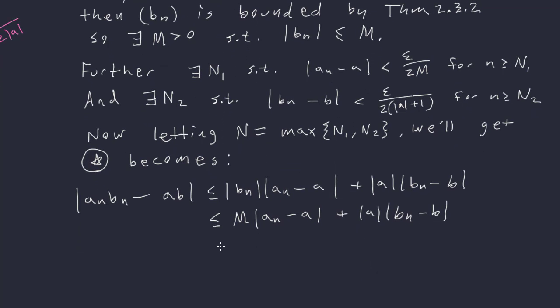Now I'm going to start putting my pieces in. So this a_n minus a, well, we have that that's less than epsilon over 2M. Now plus absolute value of a times, and next we'll do this. We got the b_n minus b is less than this epsilon over 2 times absolute value of a plus 1. So this will be all over epsilon over 2 times absolute value of a plus 1.